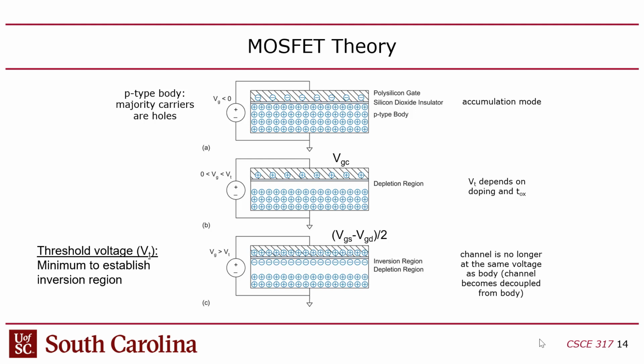Okay, but then when the gate voltage exceeds the threshold voltage, you get this inversion region, which is where the minority charge carriers, the electrons, collect in the channel.